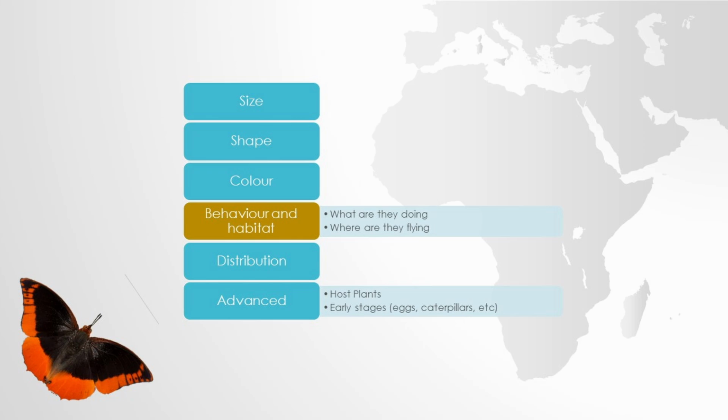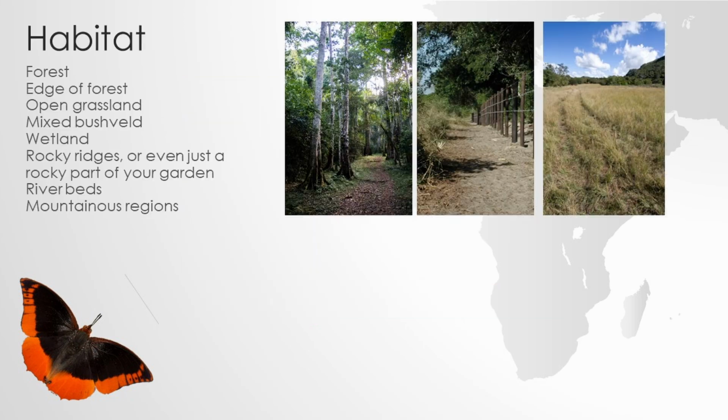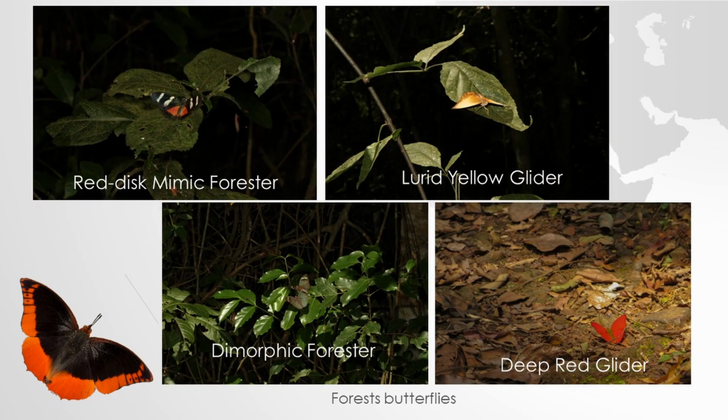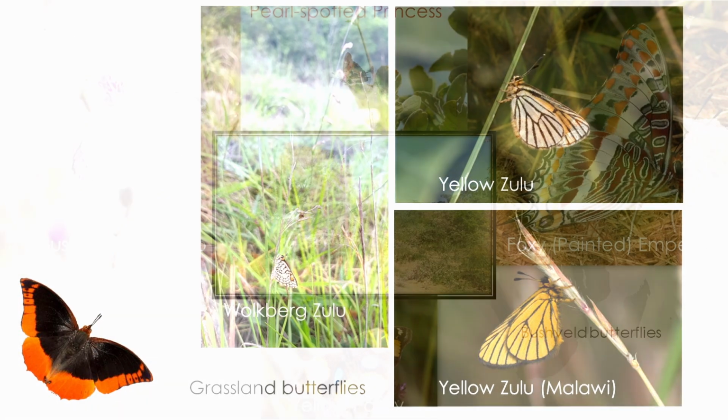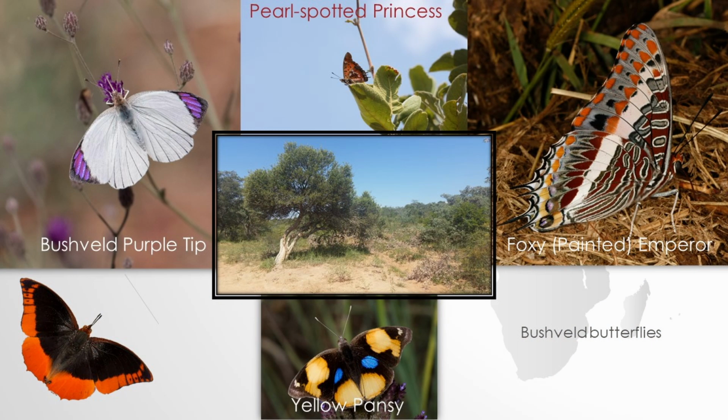Other important considerations for identification are where they are flying and what they are doing. Some species are only found in or near forests, choosing dark areas to hide in. Hiding on a grass blade, the Zulus find camouflage. And on hilltops in the bushveld, emperors and sapphires chase one another.